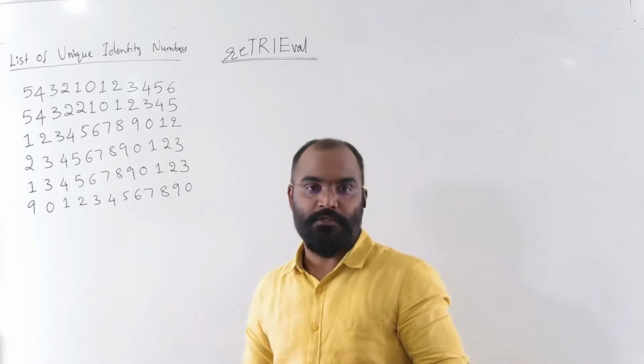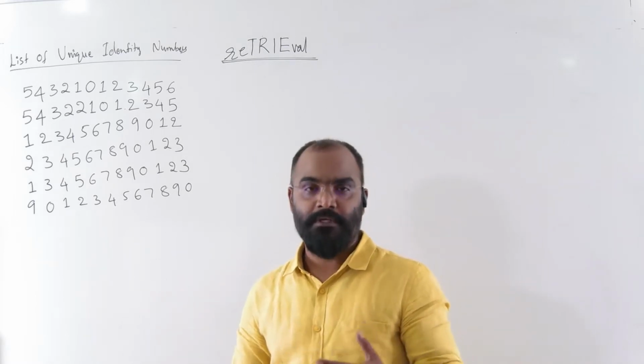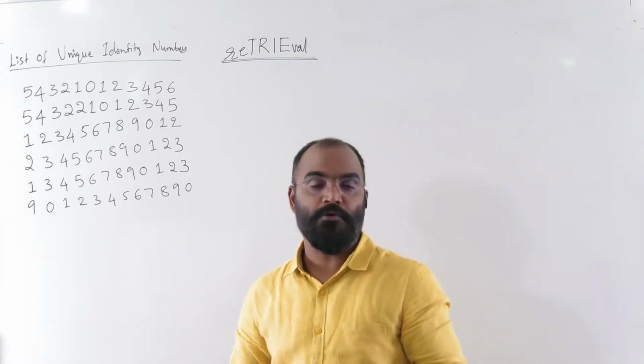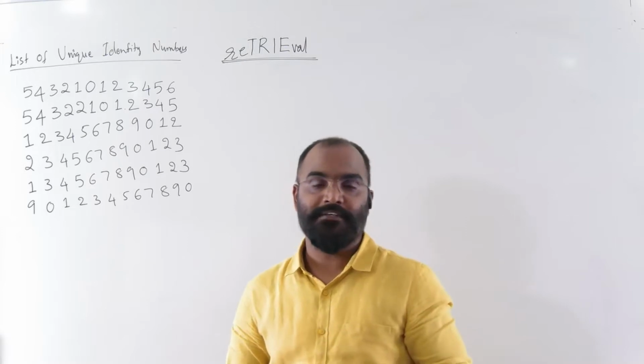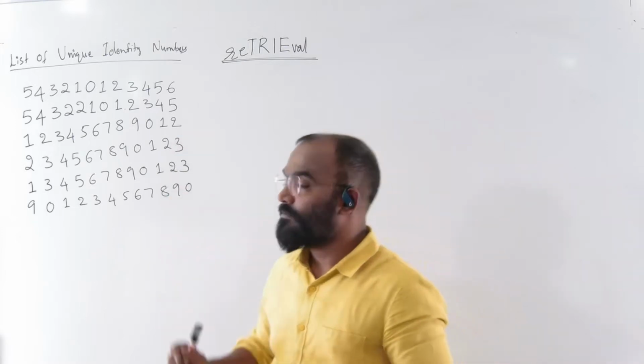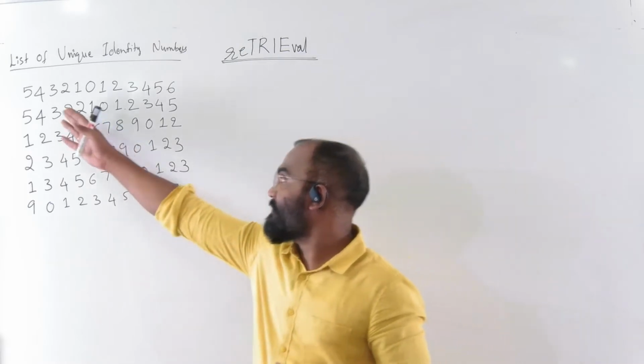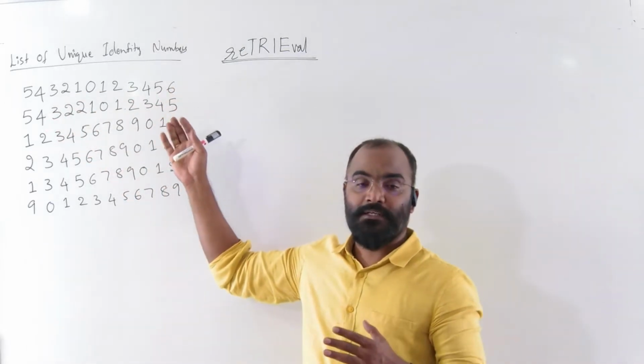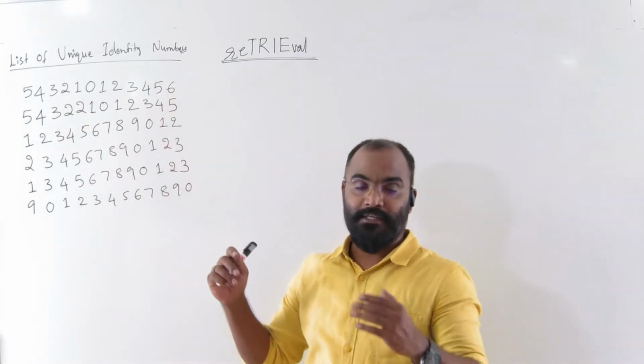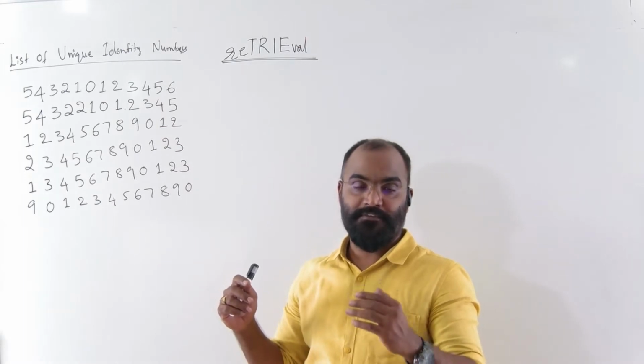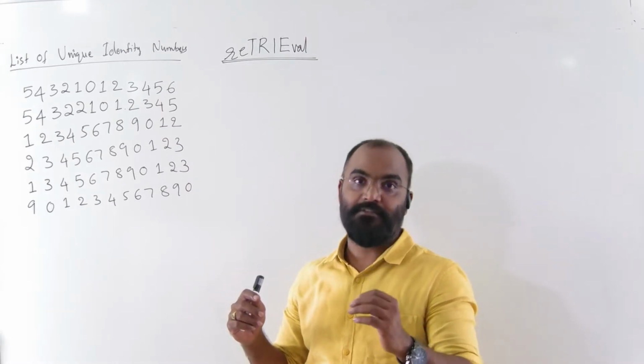Let us take an example of a unique identifiable number. It could be your social security number, or the Aadhaar number in the Indian context, or any unique identifiable number. For this discussion, I have taken the 12-digit unique Aadhaar number. In the Indian context, it is a unique identifiable number for every Indian.